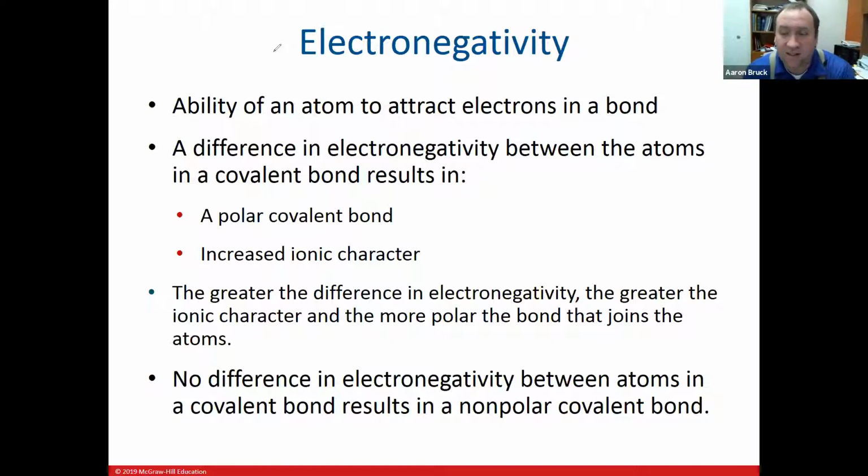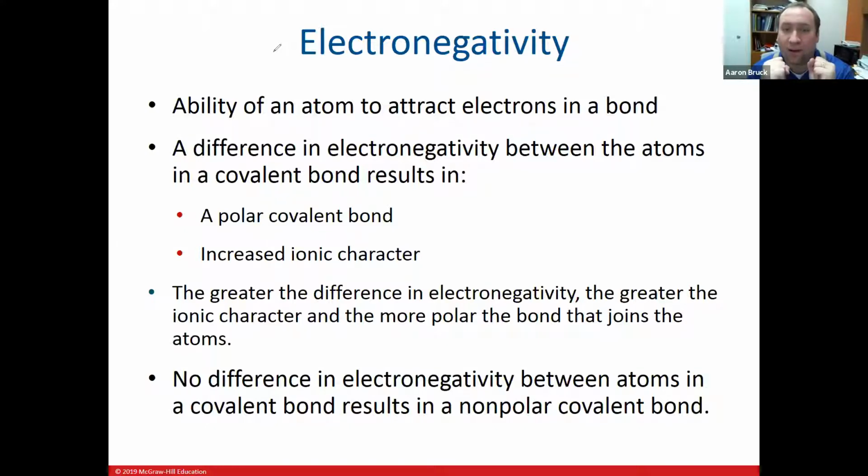And what we see is that when we have those two atoms in a given bond, they can share electrons in different kinds of ways. They can share them evenly, and when they do, we call that a nonpolar bond. They can also share with each other unevenly.